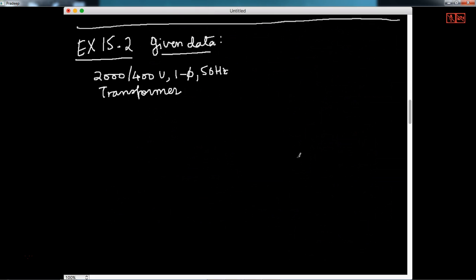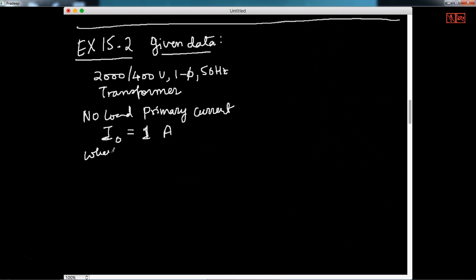Now on no load, the no load primary current I naught is, let's say, 1 ampere when supplied by V1 equal to 2000.